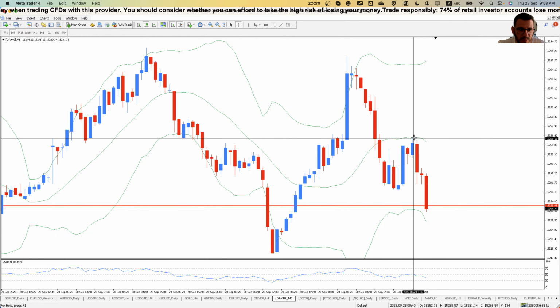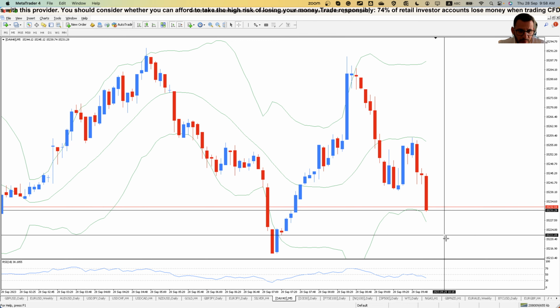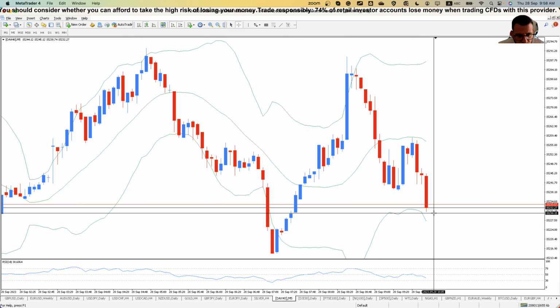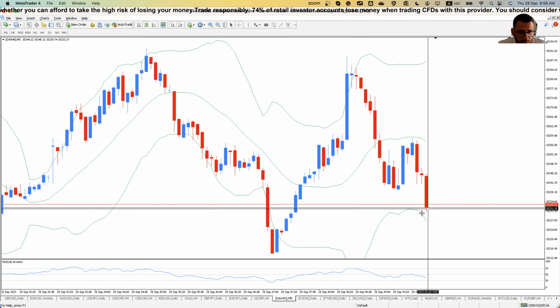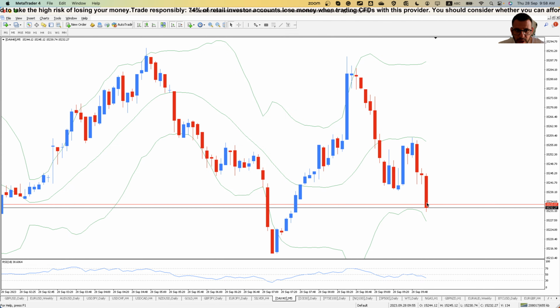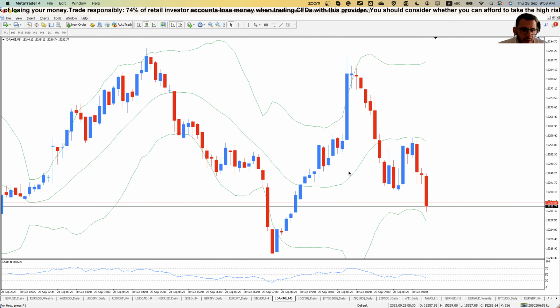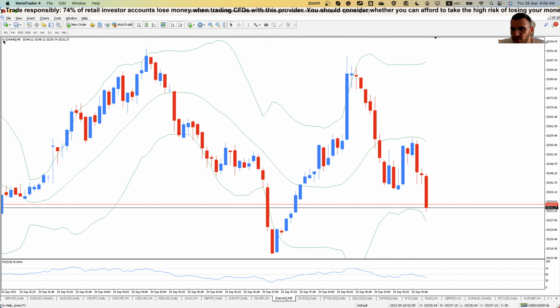If you guys believe that this is a bearish signal, you have to go with a market execution. Okay, instantly sell the market.